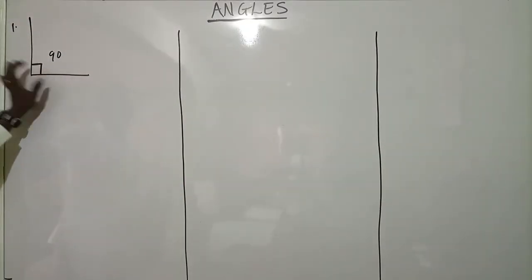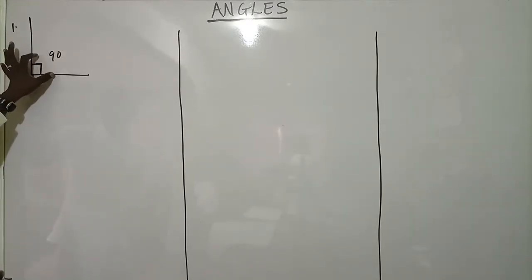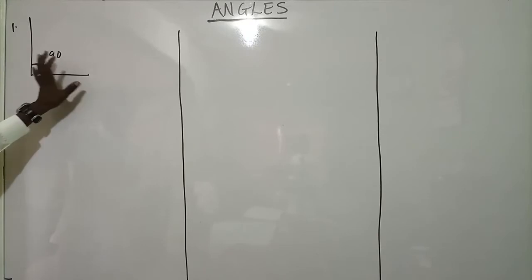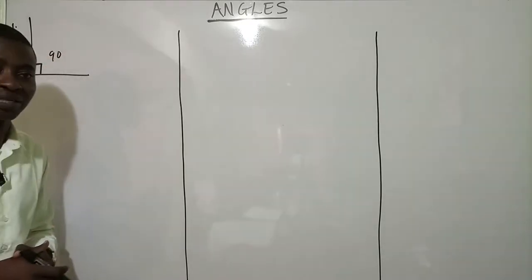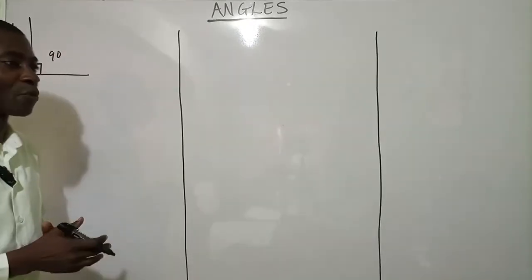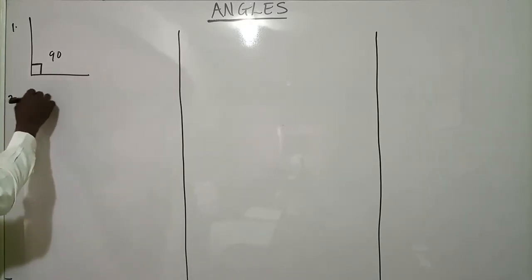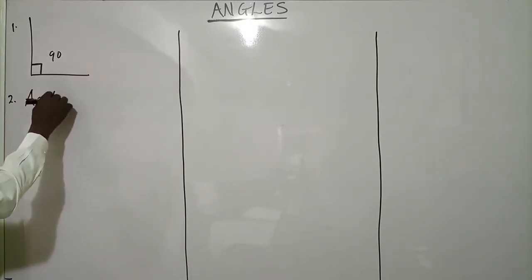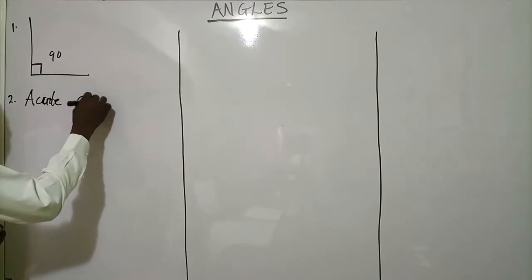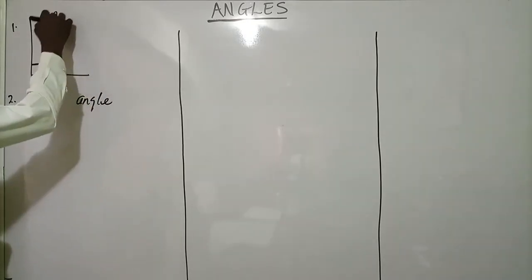So this is one of the first angles that we'll be talking about today, a right angle. Then we have another type of angle again that is called an acute angle.